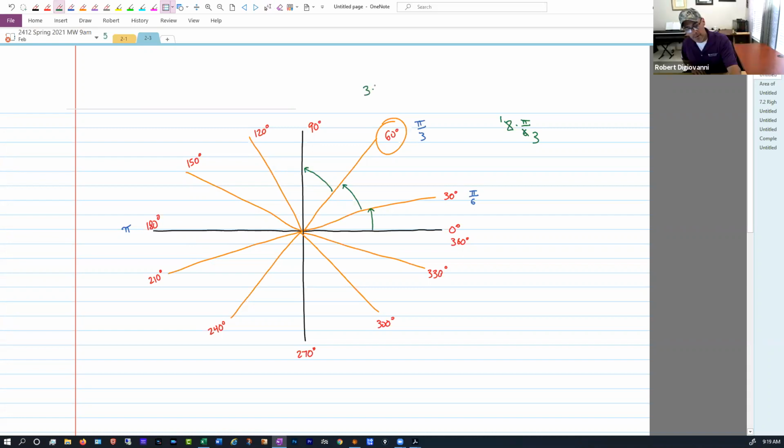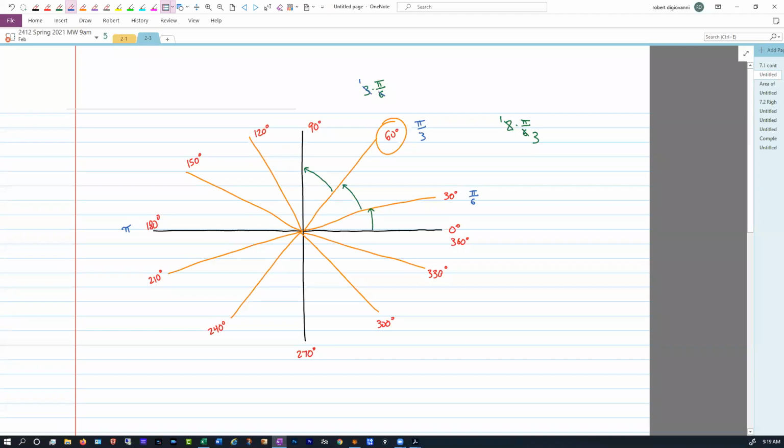We have 3 pi over 6s, which, if we reduce that, Michael, becomes what? It would reduce to pi over 2. Yep, pi over 2. And that matches what we've been getting this whole time, right? So that's good news. Now we rotate again.